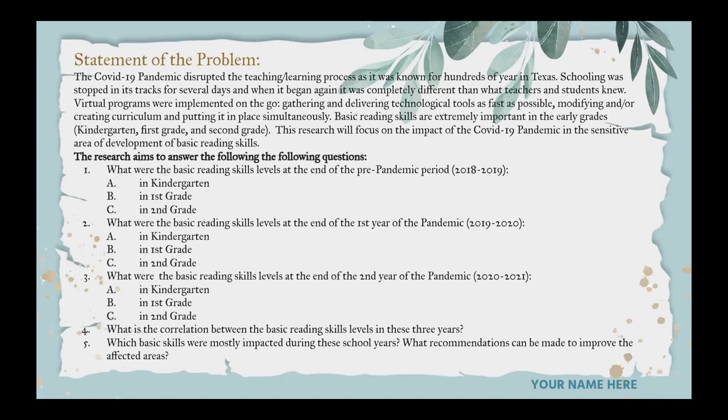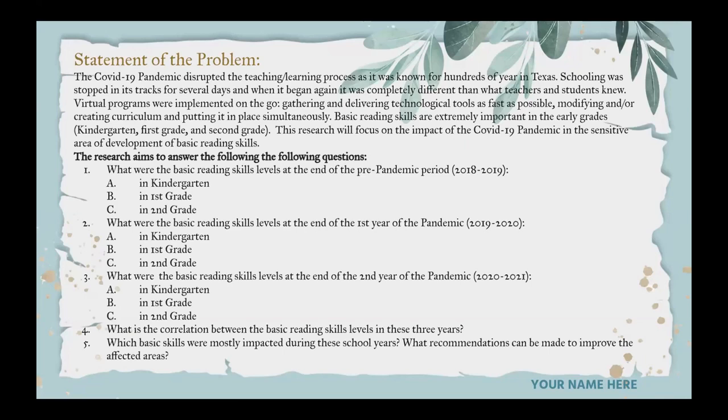Say for example, in your research in school year 2018-2019, there is a greater number of frustration level in kindergarten, and then in 2019 to 2020 the frustration level increases, and then in 2020 to 2021 it also increases.